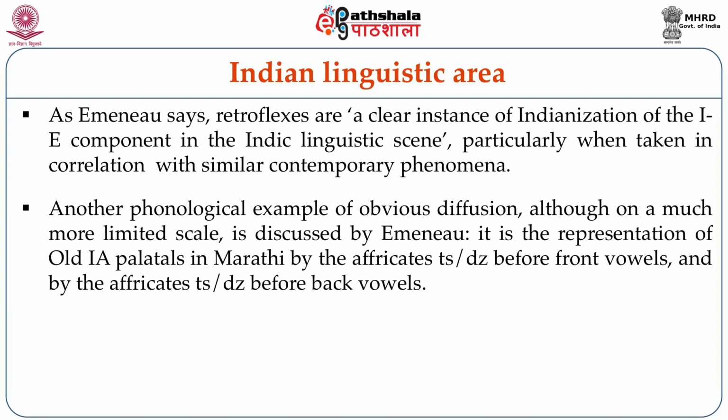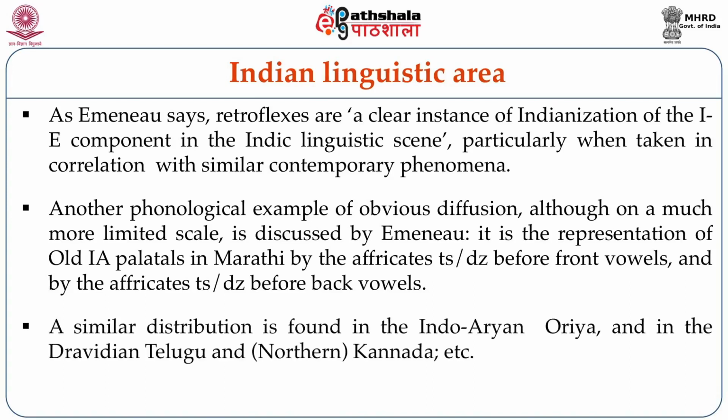Another phonological example of obvious diffusion, although on a much more limited scale, is discussed by Emeneau. It is the representation of Old Indo-Aryan palatals in Marathi by affricates ch, j before front vowels and by the affricates ts, dz before back vowels.